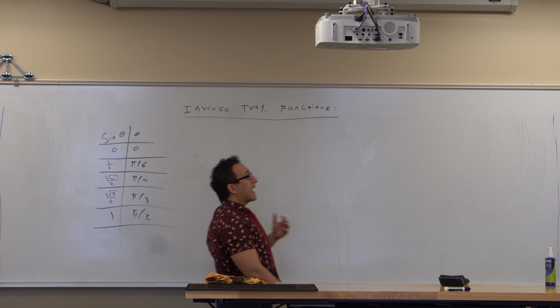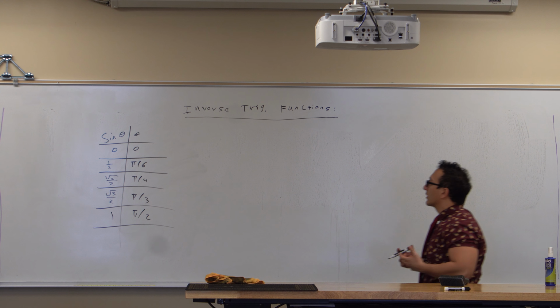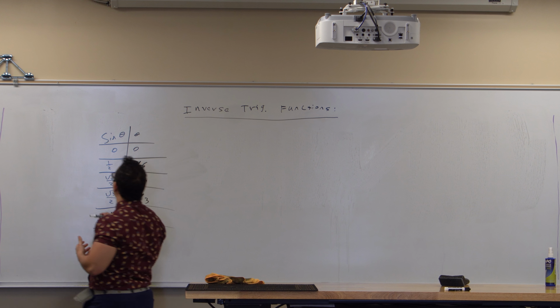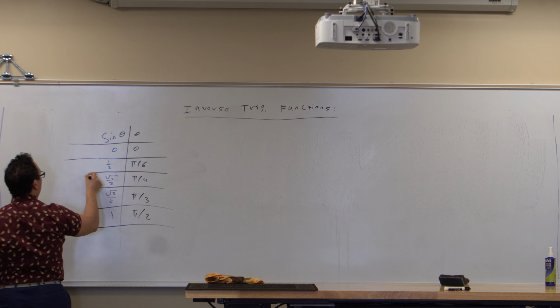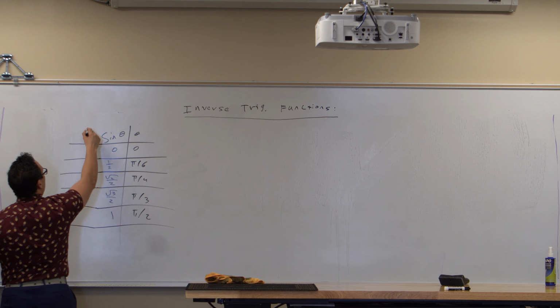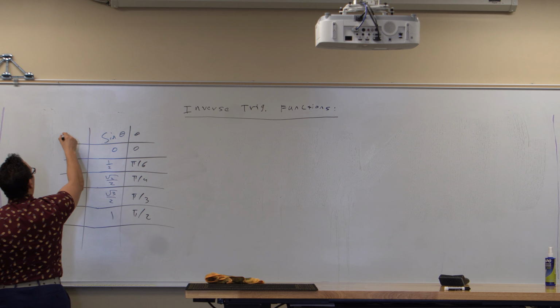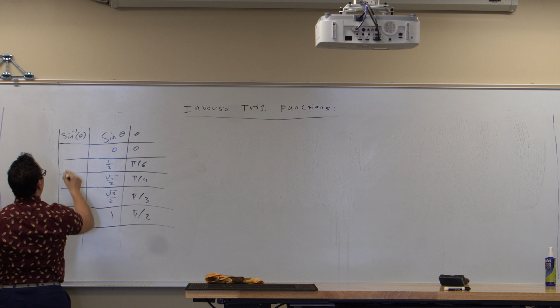Very good. Now, let's talk about sine inverse. Let's compare this to the sine inverse. We'll extend these values here, and we have right here our sine inverse of theta.